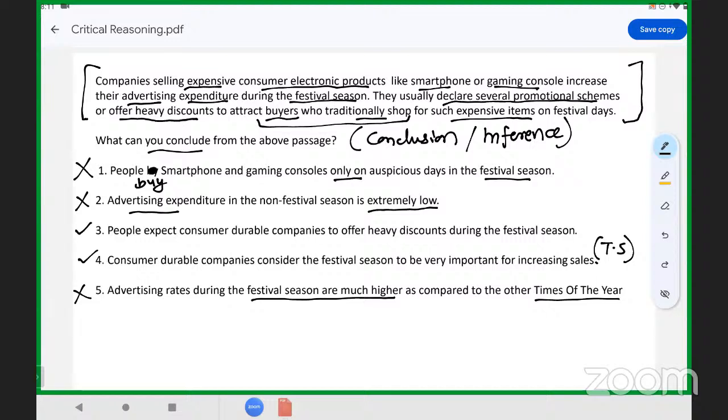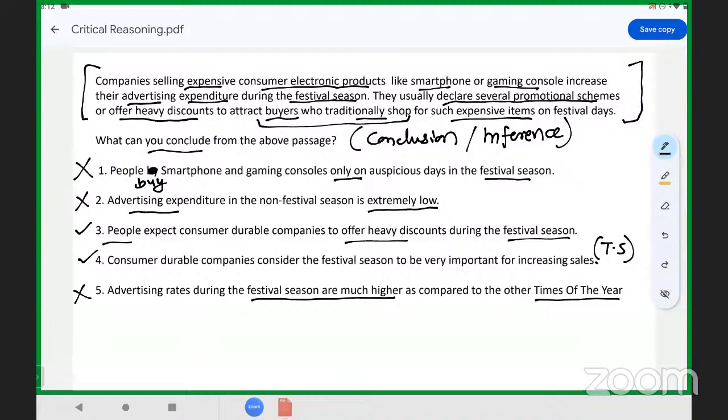Now we have two more options: people expect consumer durable companies to offer heavy discounts during the festival season, and consumer durable companies consider the festival season to be very important for increasing sales. If you look at option 3, it is true, but it is not exactly the conclusion that we are looking for, because there is no information regarding the view that people in general have, or their understanding of the strategies of companies to offer discounts during the festival.